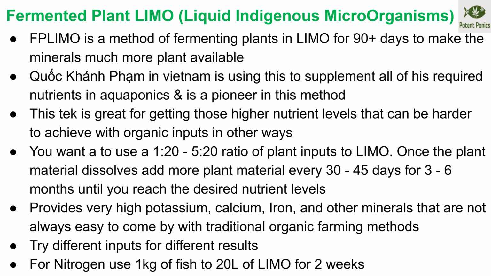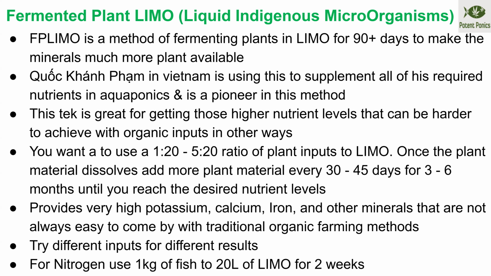So you're going to take like a 55-gallon drum and fill it approximately 25 to 30% of the way with plant material, then fill it the rest of the way up with IMO until it's about 85% full. And then every 30 to 45 days, or every 14 to 45 days, depending on what plant material you're using.